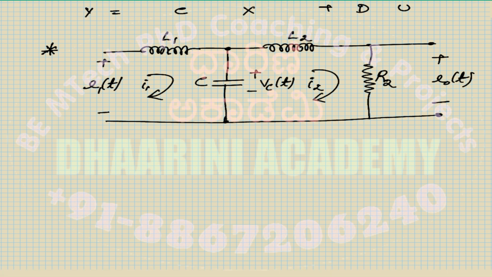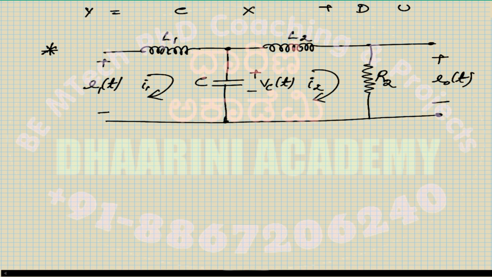First, I need to identify what the input is, what the output is, what the number of state variables is, and what names are given for the state variables in this question. I just have to identify them. The input is denoted as u of t.